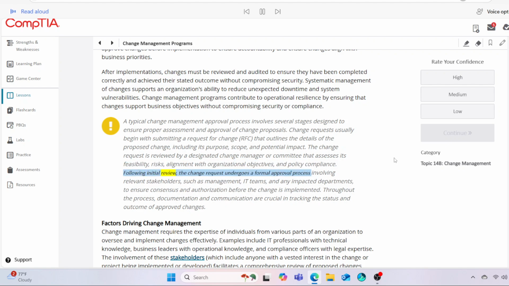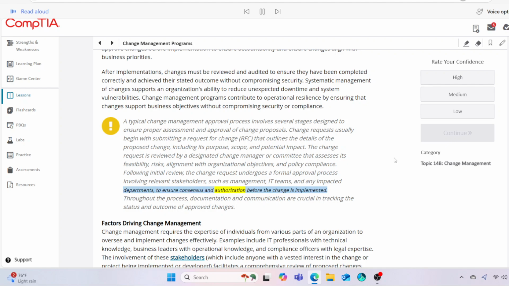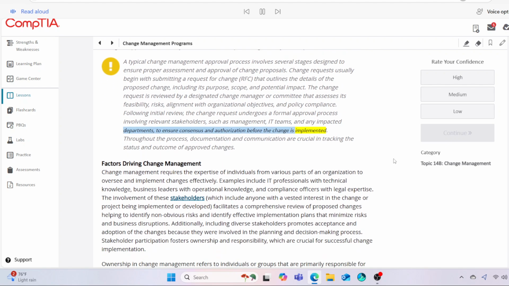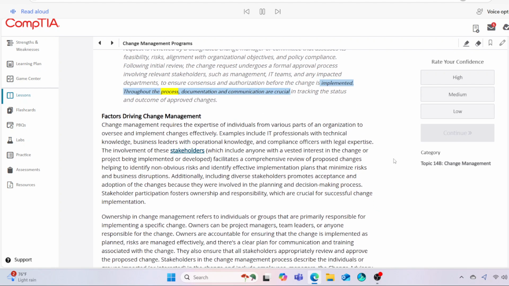Following initial review, the change request undergoes a formal approval process involving relevant stakeholders, such as management, IT teams, and any impacted departments, to ensure consensus and authorization before the change is implemented. Throughout the process, documentation and communication are crucial in tracking the status and outcome of approved changes.